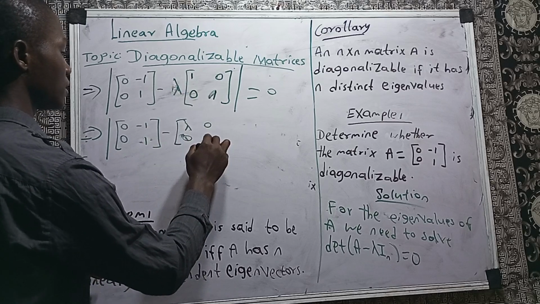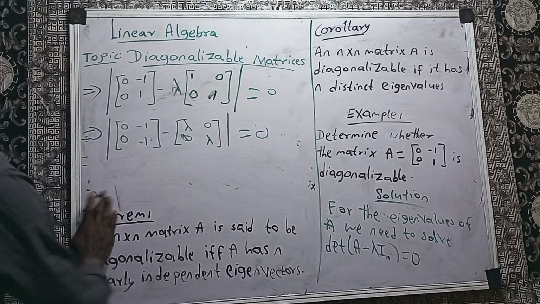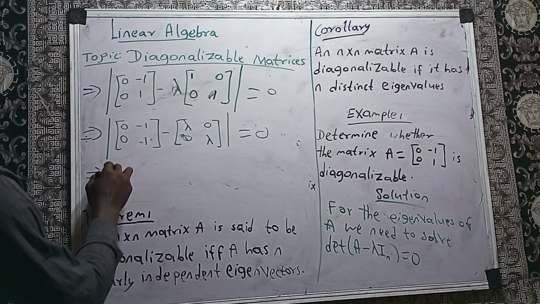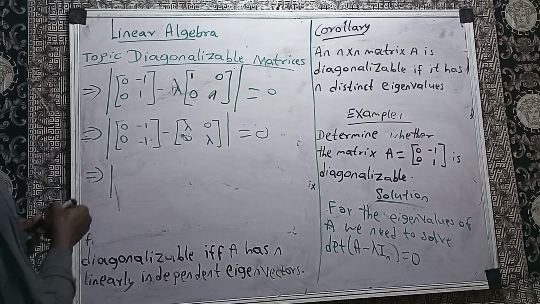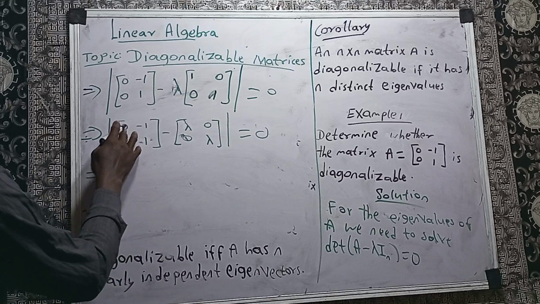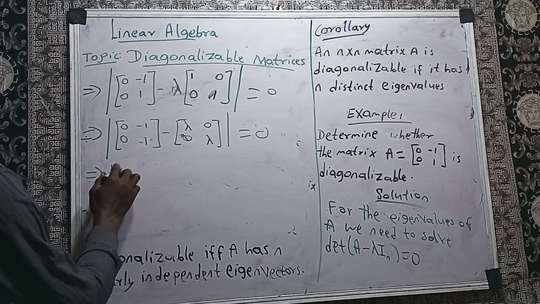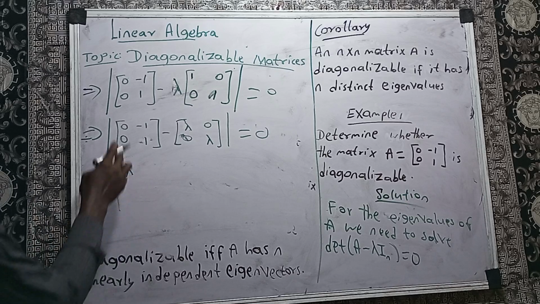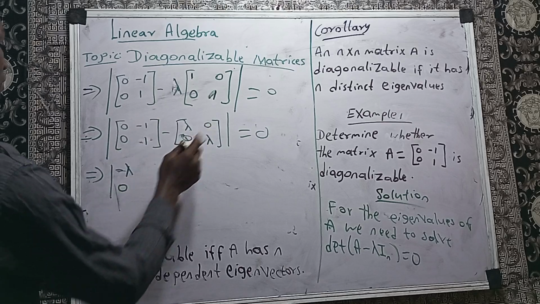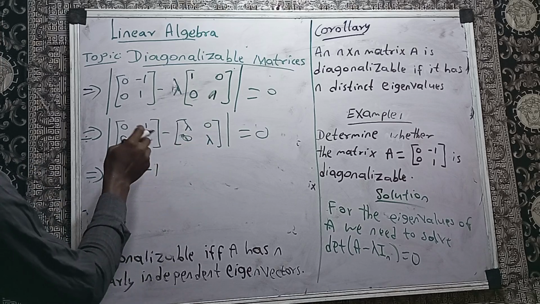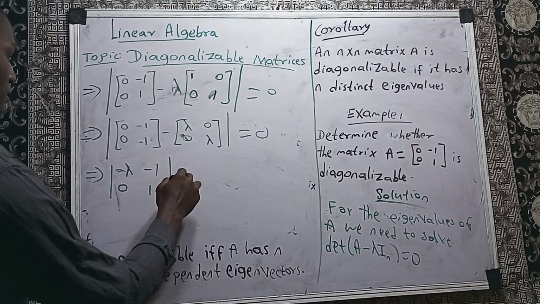Lambda times 1 is lambda. Determinant equal to 0. So let's subtract. 0 minus lambda gives us minus lambda, right? 0 minus 0, 0. Negative 1 minus 0, negative 1. 1 minus lambda. Determinant equal to 0.